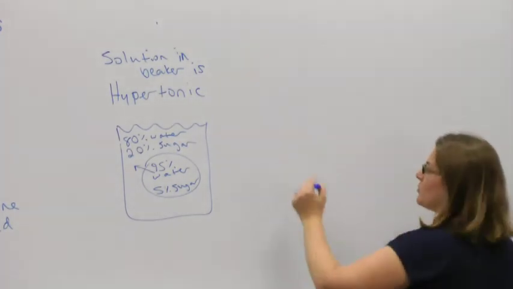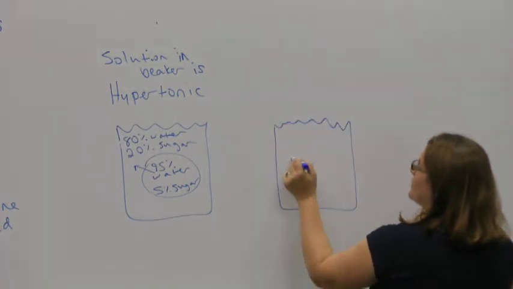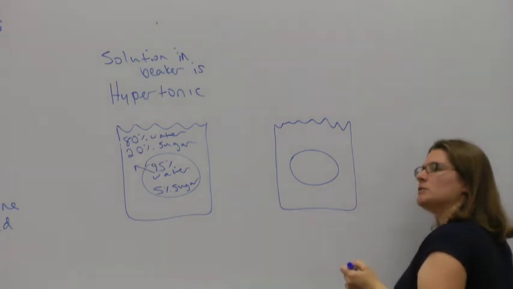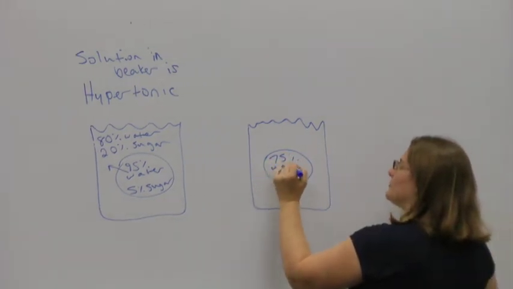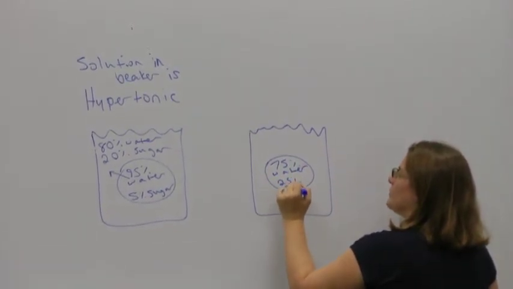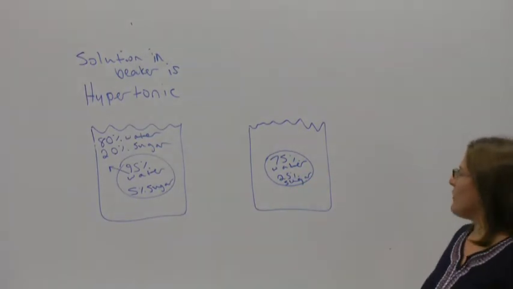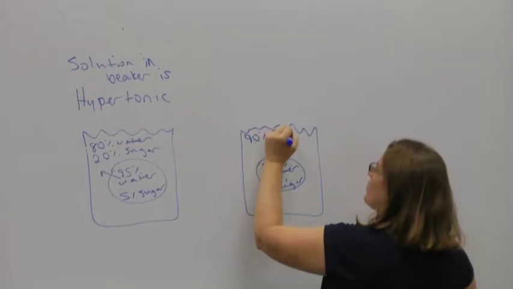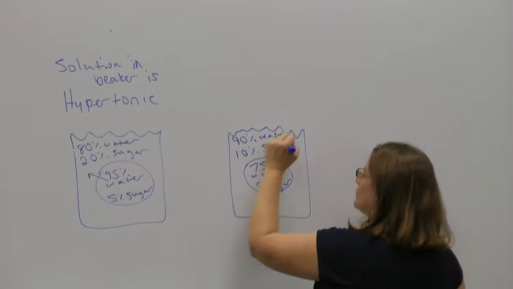Well, let's do another one, okay? And anybody can answer this question. So here's another beaker, and a cell is inside of it, and let's say we have 75% water and 25% sugar. And the external environment in the solution is 90% water and only 10% sugar.